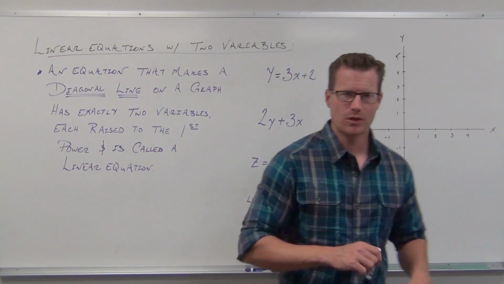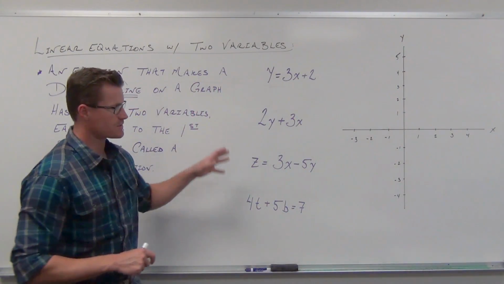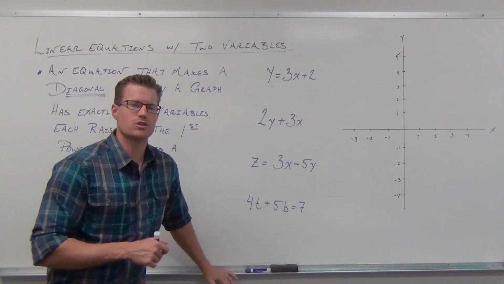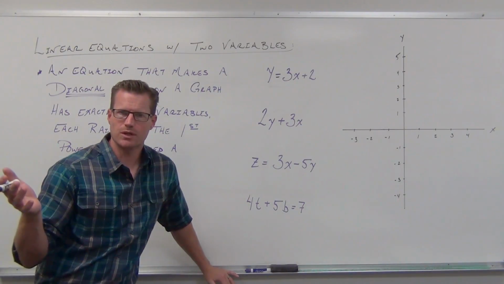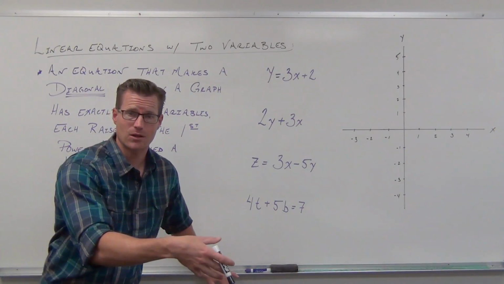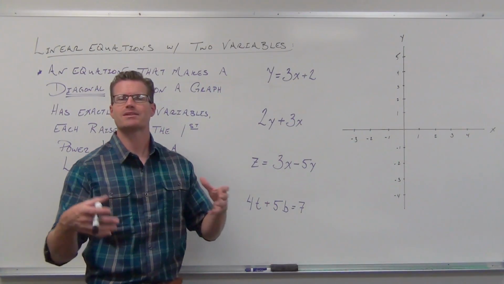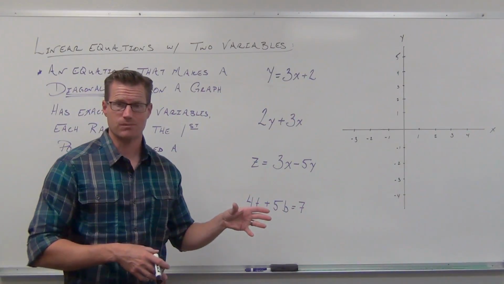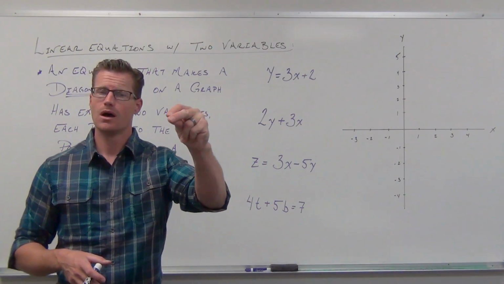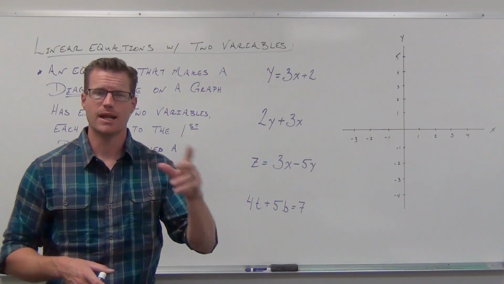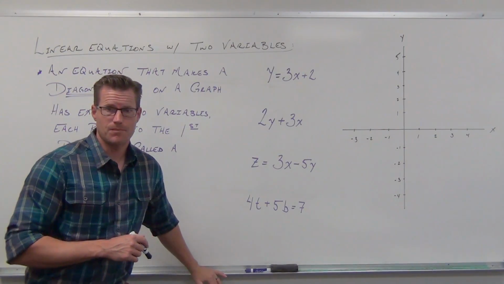Right now, I want you to look at these expressions and equations on the board. Let's identify which ones are linear, which ones aren't. Which ones are going to make diagonal lines when we graph them, and which ones won't. Check out the first one. Firstly, ask yourself in your head, is it an equation? You know the answer. Of course it is. It's got an equal sign. How many variables do you see?